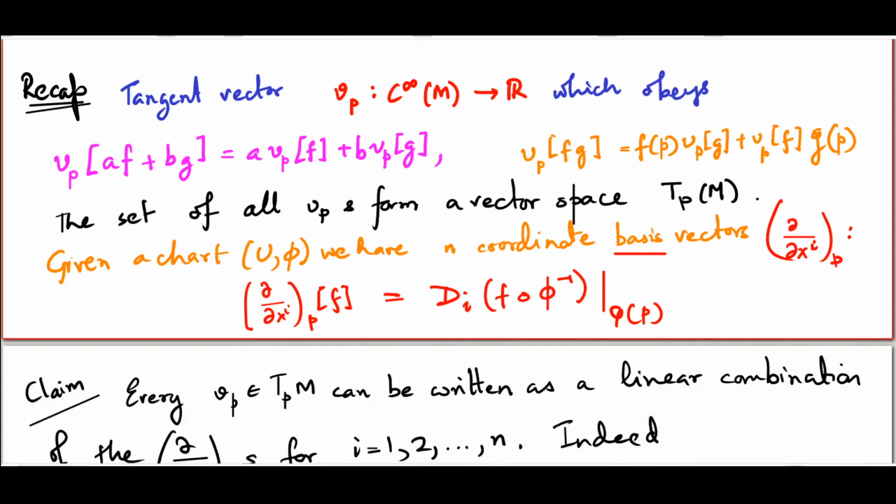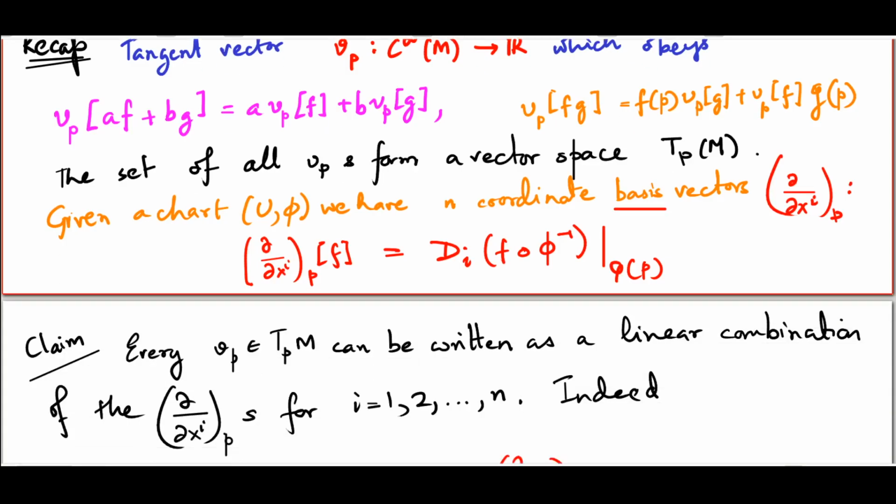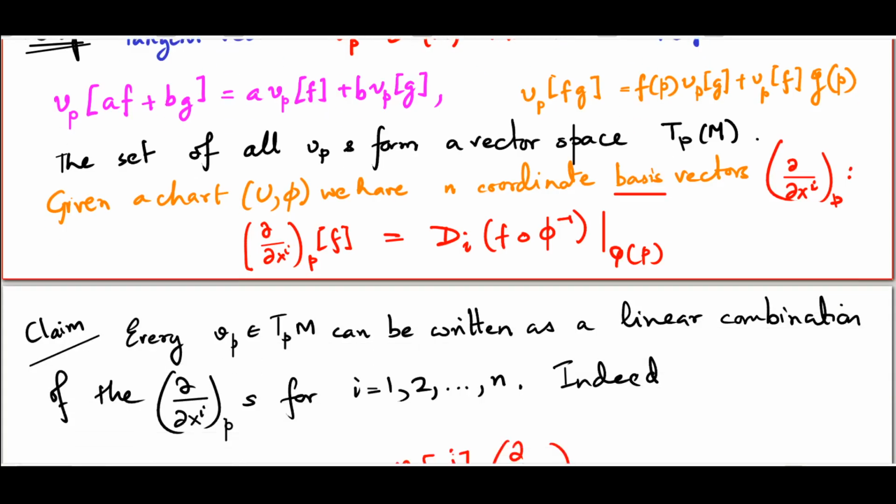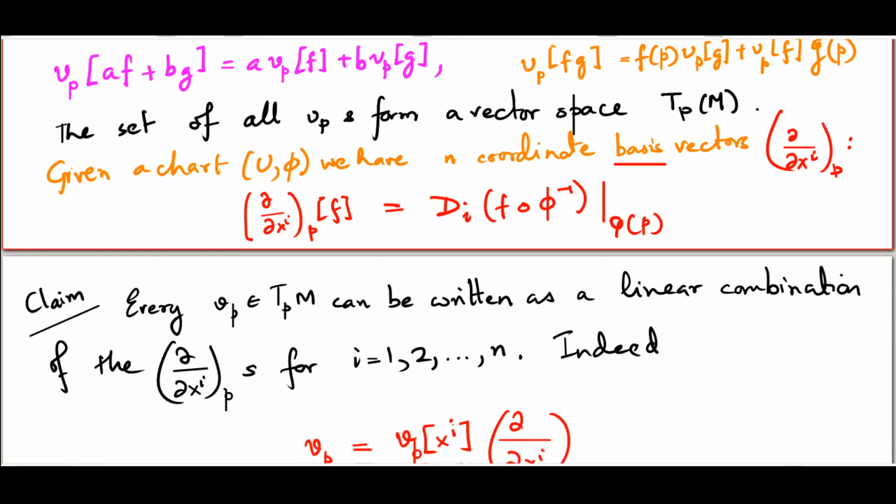In other words, the claim that we are making here is every vector Vp of TpM can be written down as a linear combination of the del xi p's, where i of course runs over all the possible coordinates 1, 2 up to n. Indeed, a further part of the claim is not only is Vp a linear combination of del xi p's, we know precisely what that linear combination is.